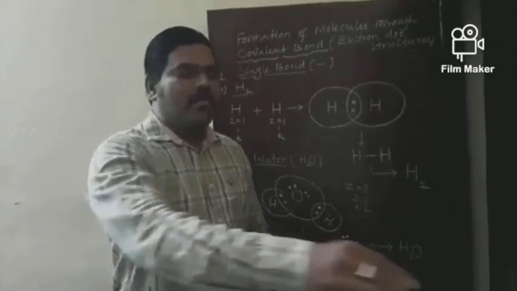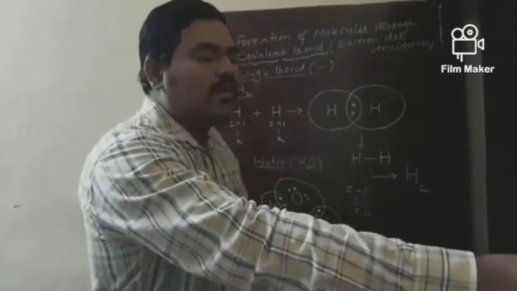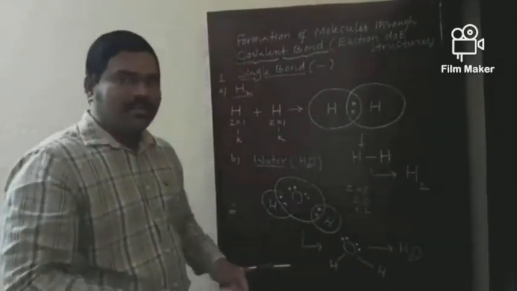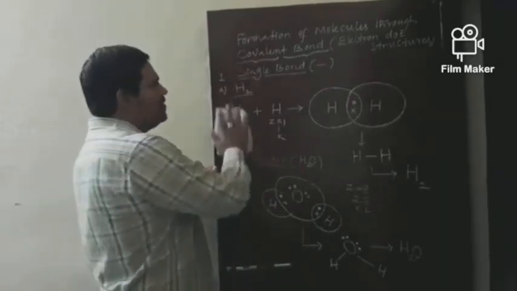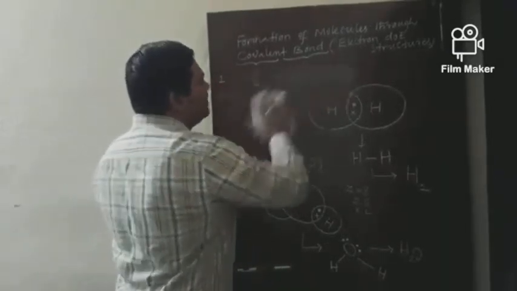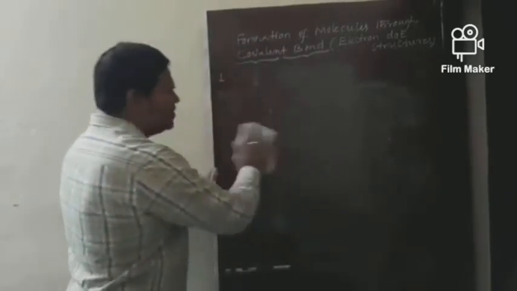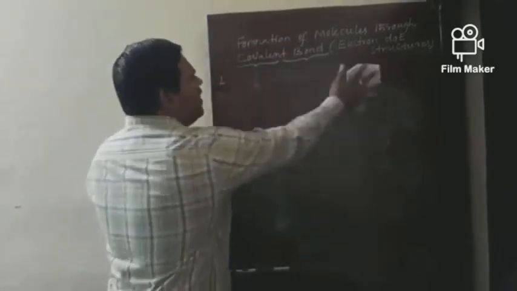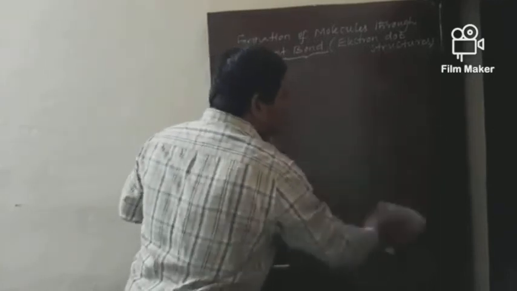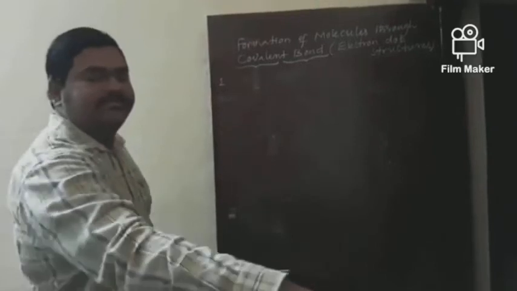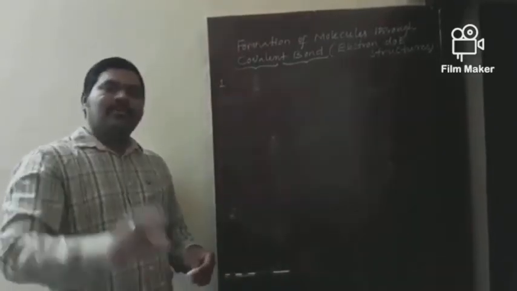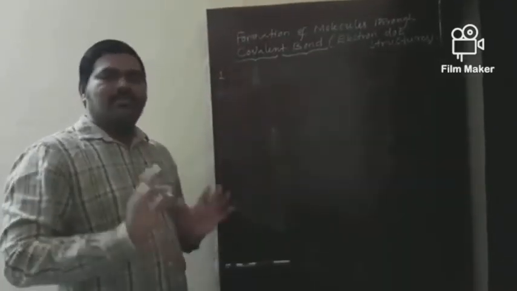Now I am going to discuss the double covalent bond. Do you know the condition for a double covalent bond? Tell me, what is the condition? A double bond is formed due to sharing of 2 pairs of electrons between bonding atoms. You are right. So 2 pairs of electrons would share.